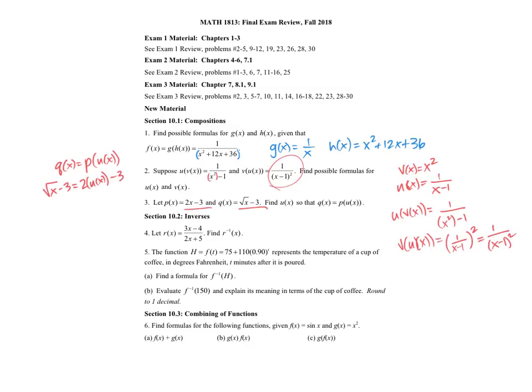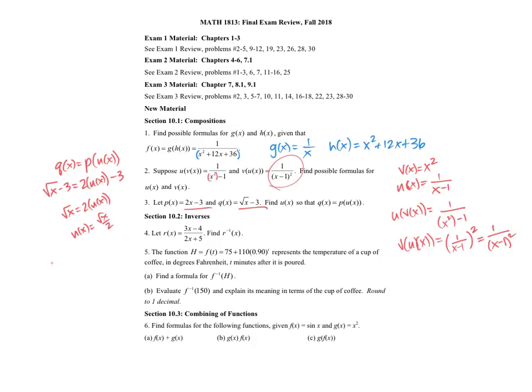All right, so I can add 3 to both sides, and I get square root of x is equal to 2 u of x. Okay, so I want to solve now for u of x, so I can divide by 2, and I get u of x is equal to square root of x over 2. So I think that'll work. Let's test it out. See if that u of x works.